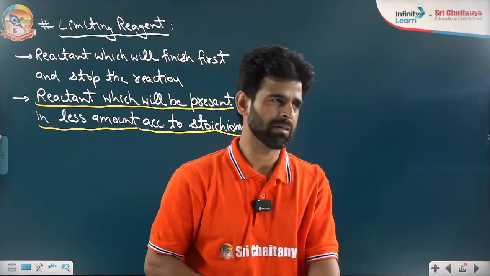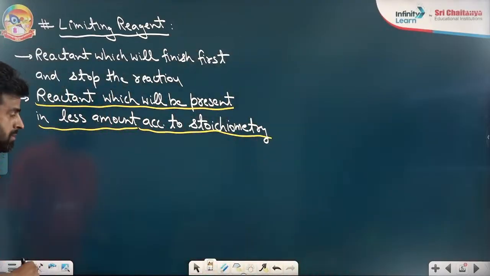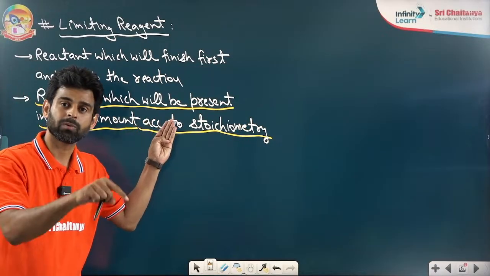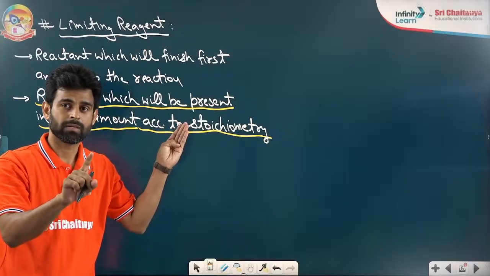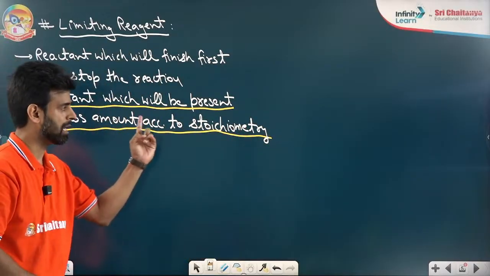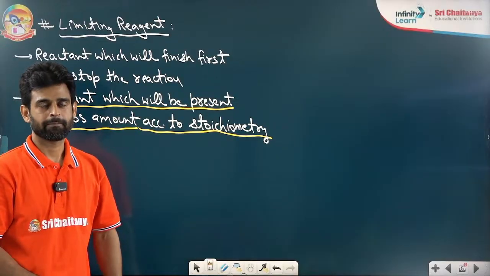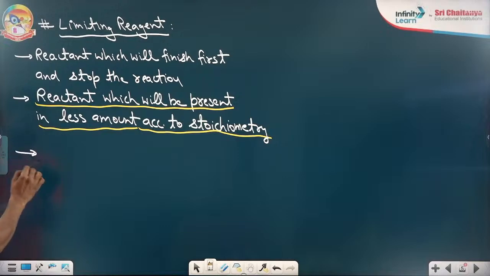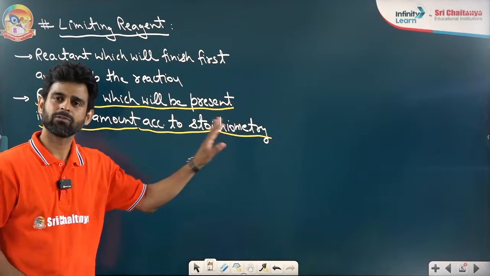I will tell you by taking examples, don't worry about it. If someone just writes this definition, which is present in less amount, it is wrong. You can't say it is the right definition. You have to say which is present in less amount according to stoichiometry. Okay? I will give you examples to explain this point, don't worry.